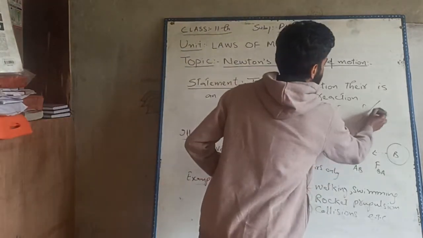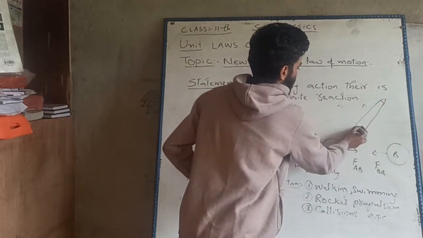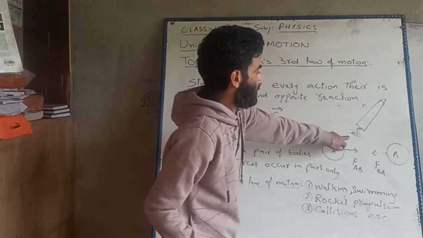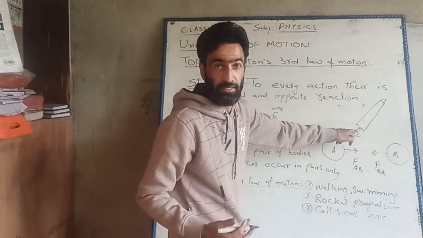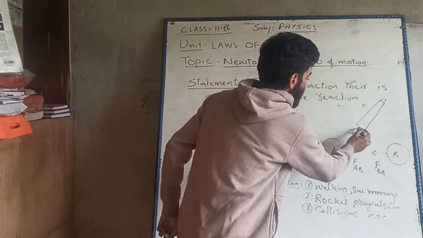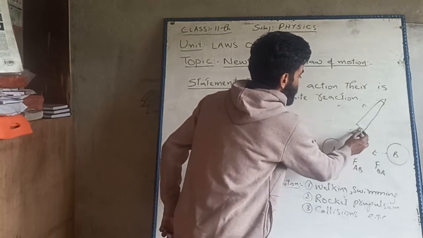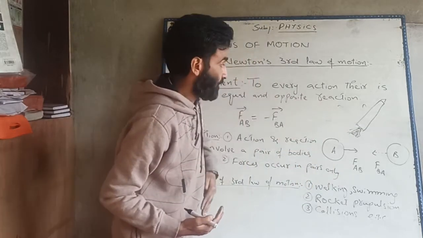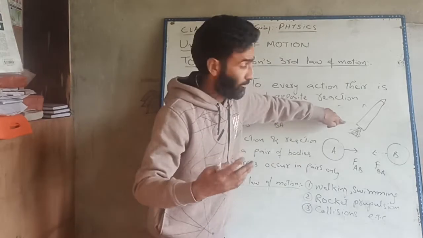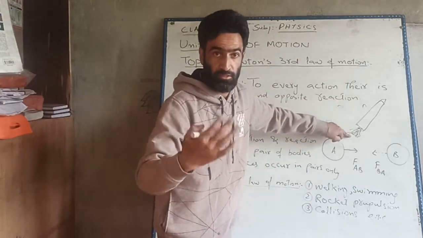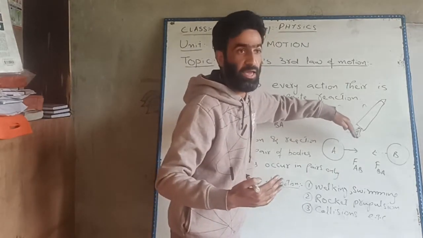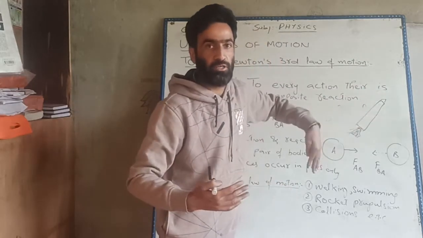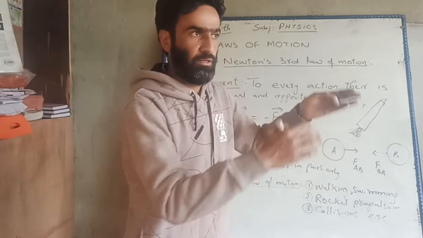See, if this is a rocket, it ejects the exhaust from the nozzle behind the rocket. So there is action by these exhausted gases. When they act in the backward direction, then there arises a reactive force which reacts back in the opposite direction, meaning in the forward direction of the rocket, and as such the rocket gets help in moving forward.